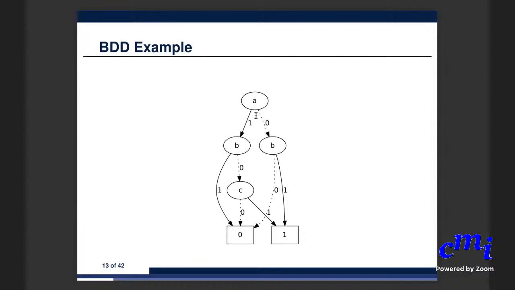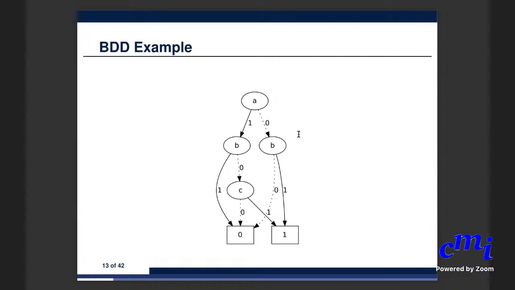In this case, for example, the variables are ordered A less than B less than C. You can see that in every path A appears before B, and B appears before C. There can be other canonical representations for other orderings of A, B, and C, and the size is a function of the variable ordering you choose.